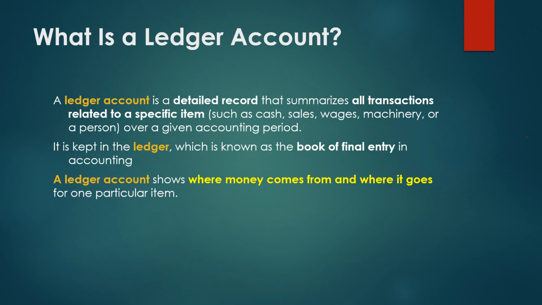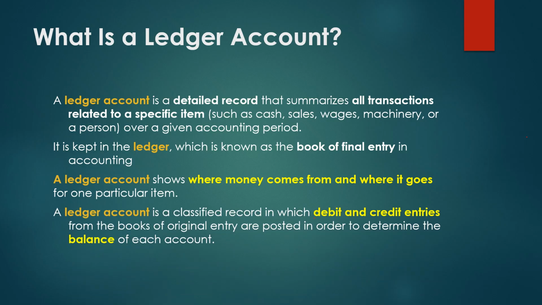Now, a ledger account can also be defined as the account that shows where money comes from and where it goes for one particular item. That is a ledger account. So a ledger account is a type of account that shows where money comes from and where it goes for one particular item.